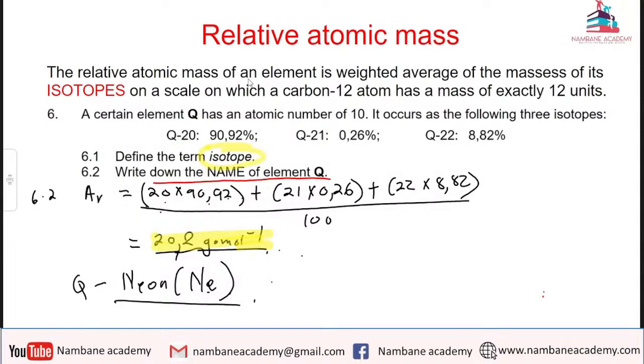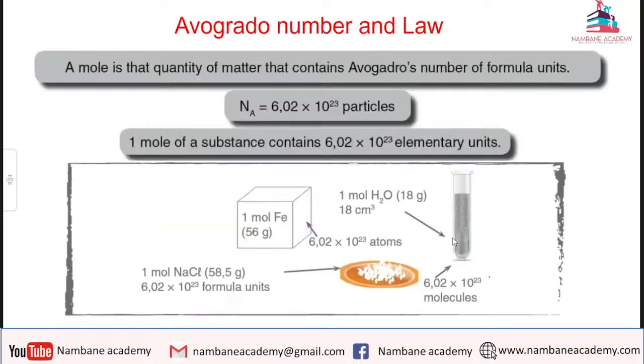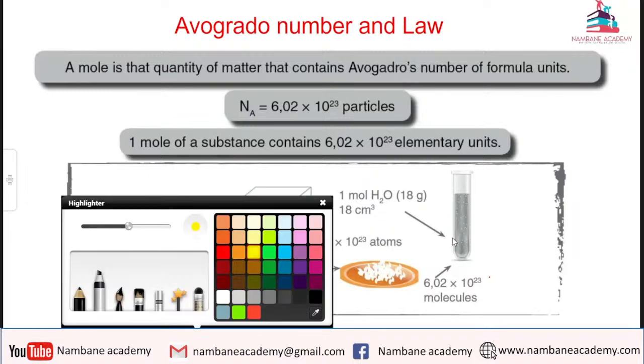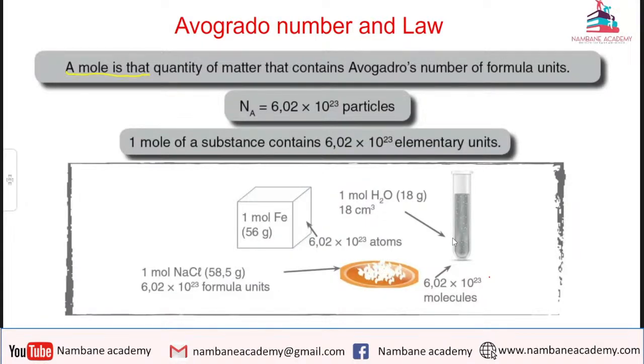What does this say to me? When I have to explain the Avogadro number as well as the Avogadro law, it says a mole is a quantity of matter that contains Avogadro number of formula units.